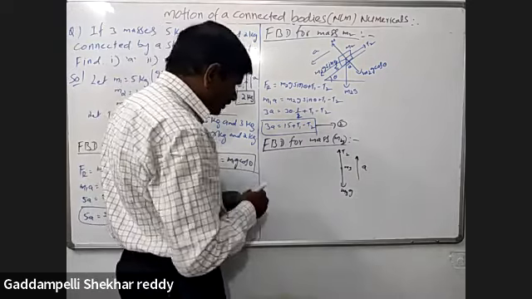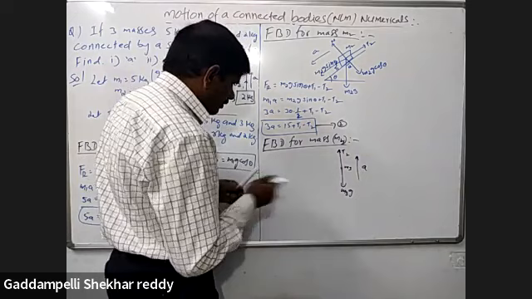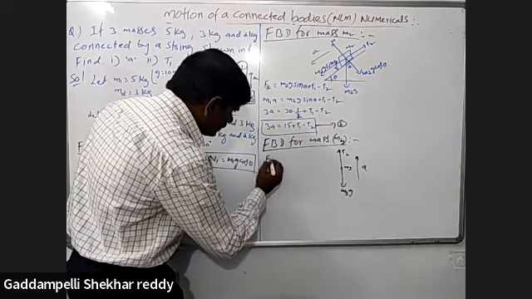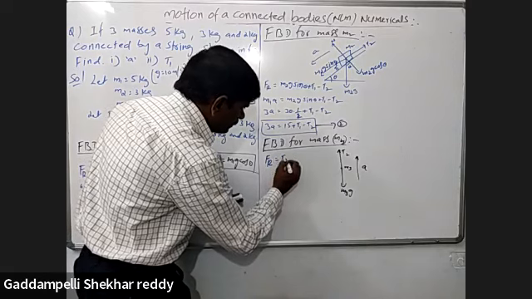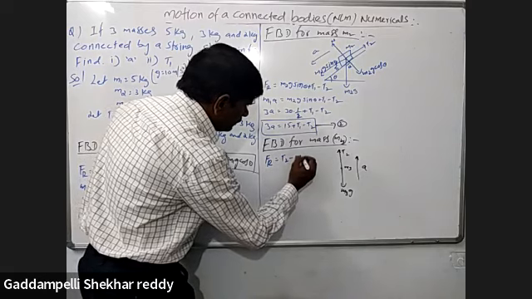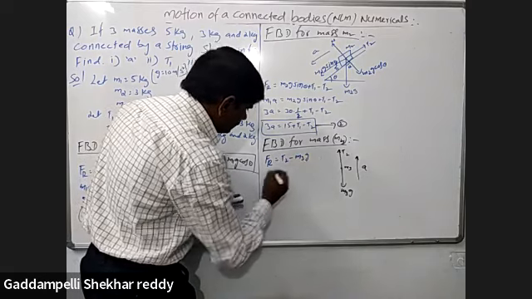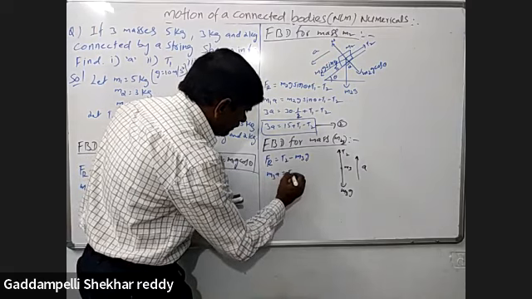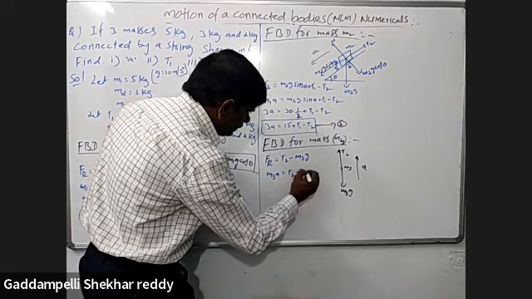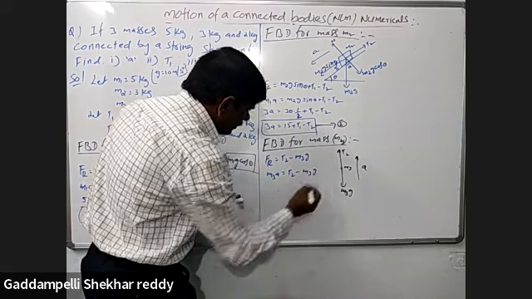So now the net force, or resultant force, Fr is equal to T2 minus M3G. Fr is M3A, equal to T2 minus M3G.